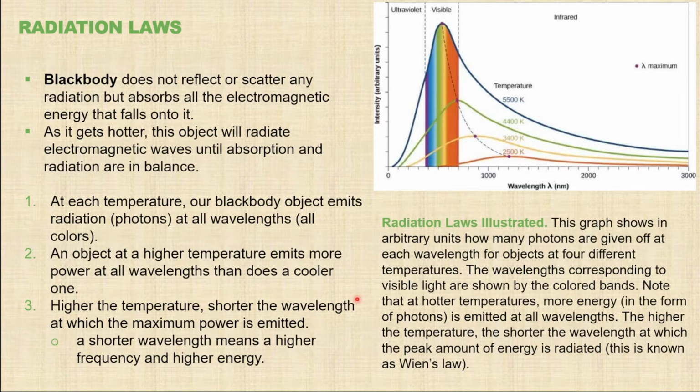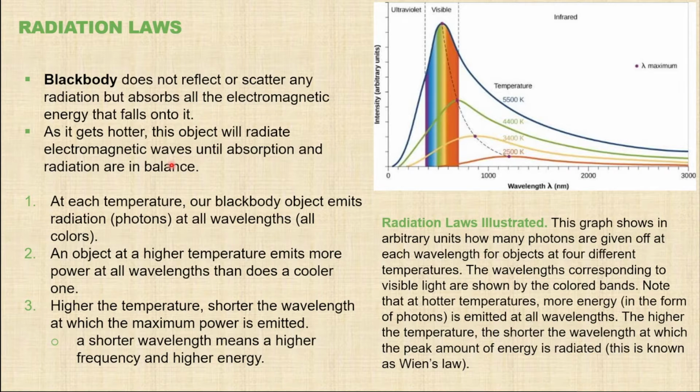And we define something called a black body. A black body is an object that does not reflect back or scatter any radiation. It absorbs. If we shine any electromagnetic wave on it or any energy that falls into it, it absorbs that radiation. Those objects are called black bodies.